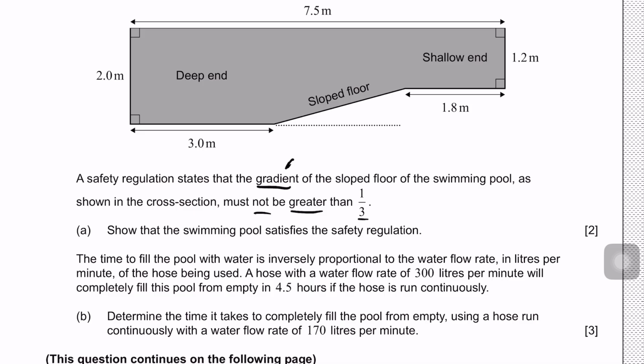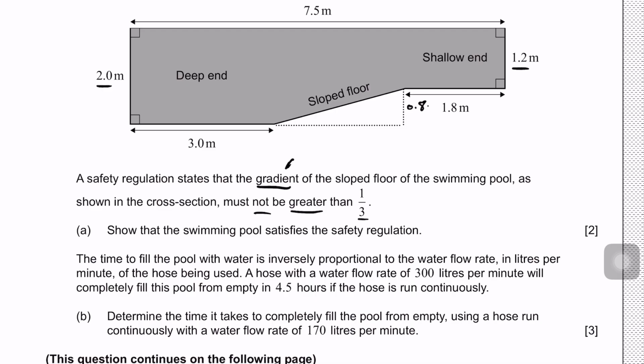There's change in x, and then let's draw change in y. So in this case, what is our change in y? Well, if this is 1.2 and this is 2, that means the difference between these is 0.8. So 2 minus 1.2 gives us 0.8.